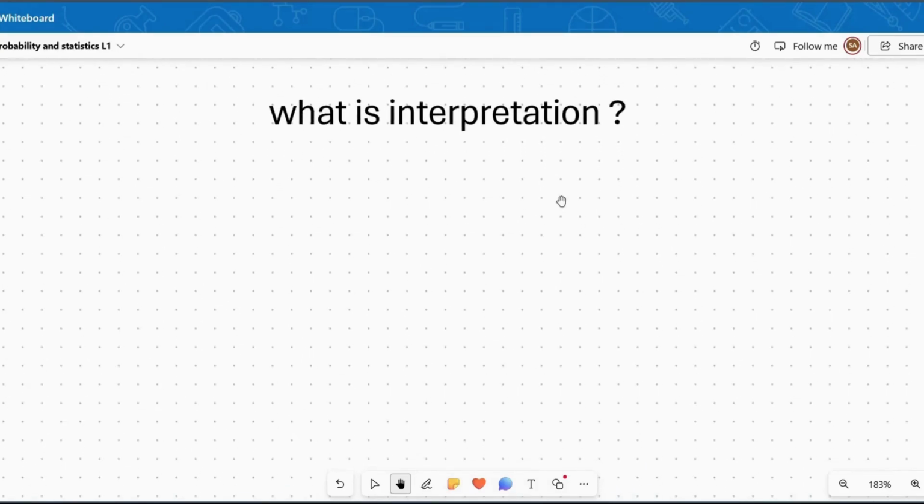Now talk about what is interpretation. Interpretation is a thing that represents the real world data, visualizes the data, and helps us to analyze the data. For example, we take a survey of 100 people.